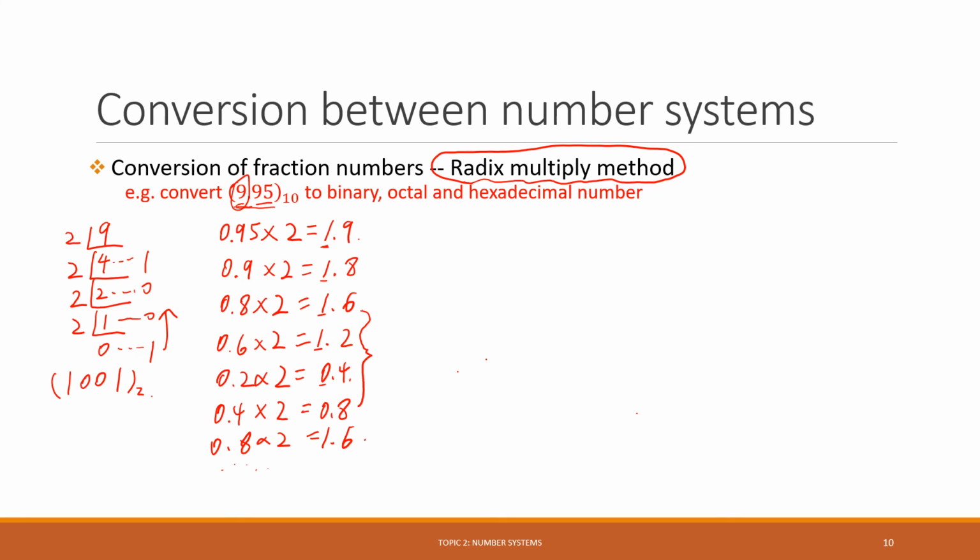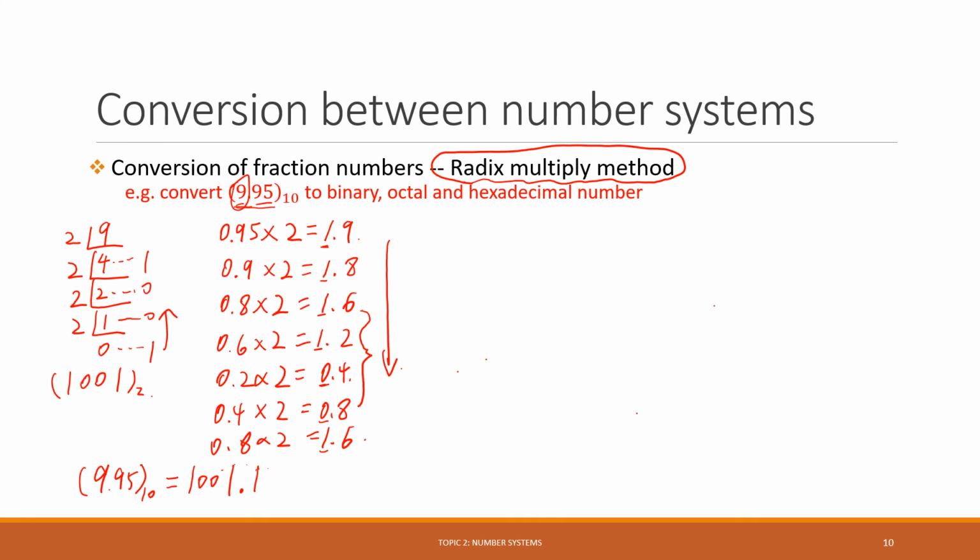But how to write the result? Basically, we just write the whole numbers we get in sequence, but this time top down. So we read 1111001. So 9.95 in decimal should equal 1001, this is the whole part, and then the radix point.